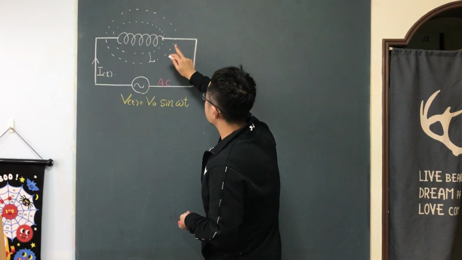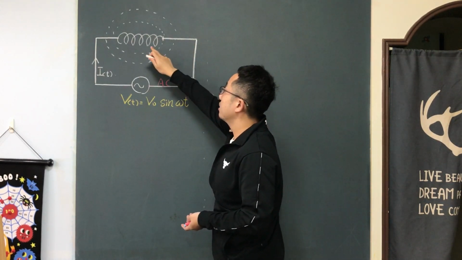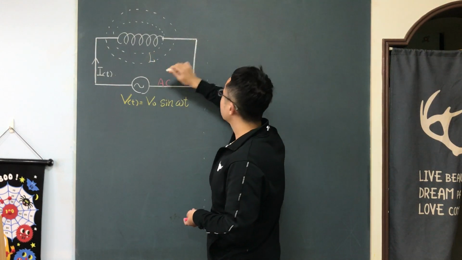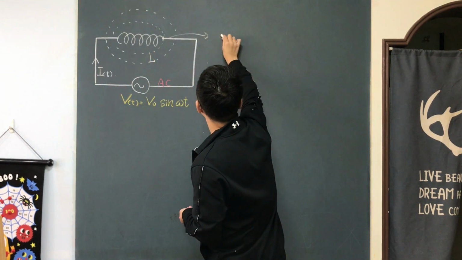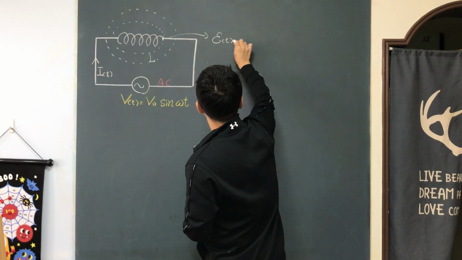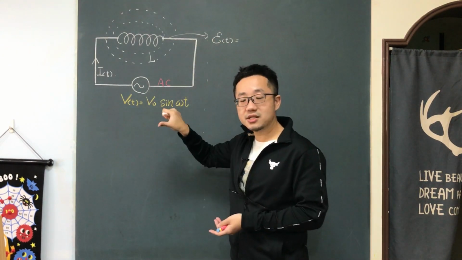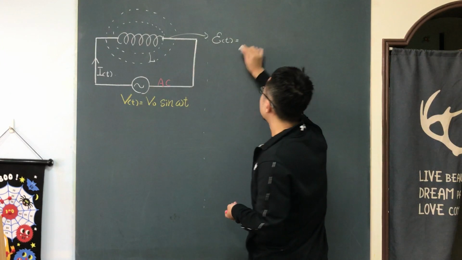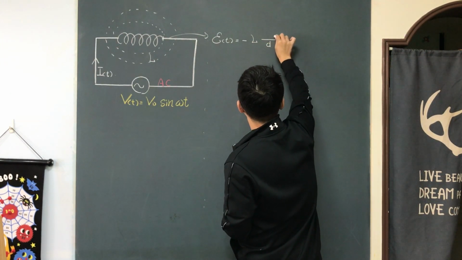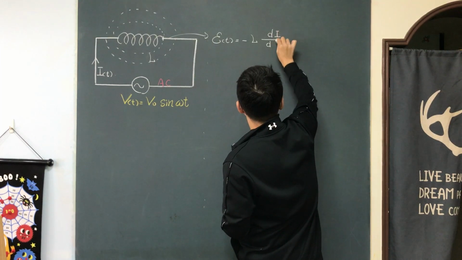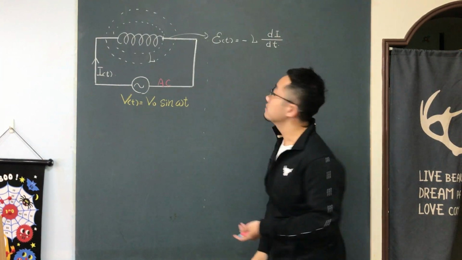That is why your coil of wire is going to induce the secondary EMF, which is against the voltage supply, minus L times di by dt.